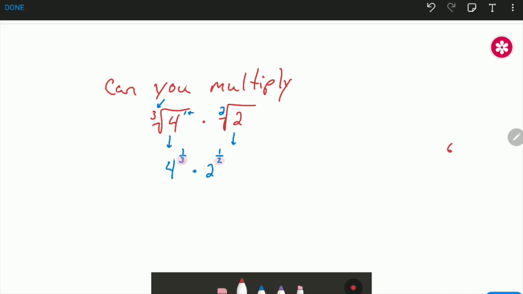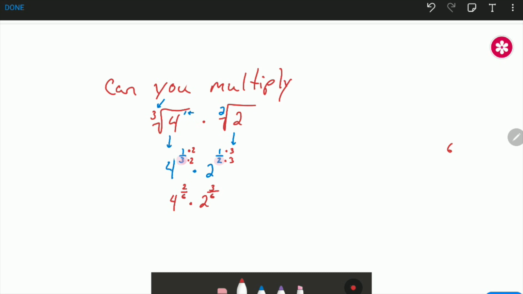Meaning for the first fraction, I'm going to have to multiply the top and bottom by 2. And the second fraction, I'm going to have to multiply it by 3. Which gives me 4 to the power of 2 over 6 times 2 to the power of 3 over 6.